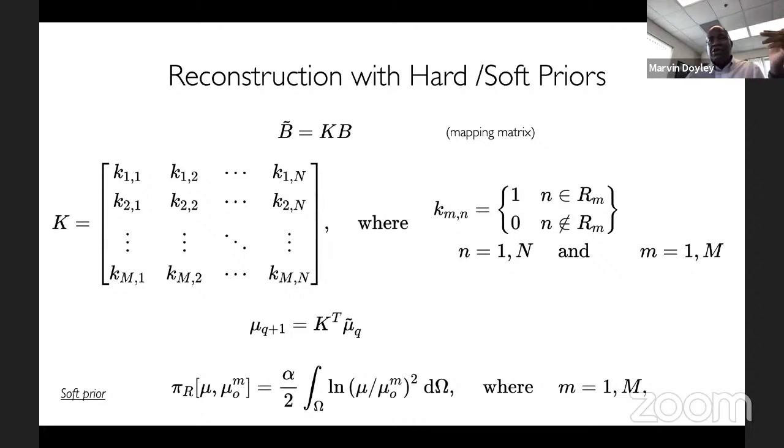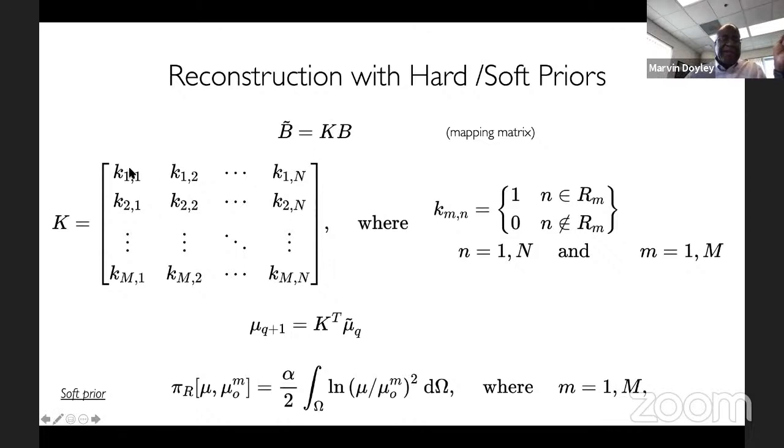So if you have two regions, there's only two unknowns you're solving for, compared to thousands of unknowns in the previous model. Now, I have this thing about having consistency between algorithms. So I wanted to take our standard least square method and reduce it in a nice, elegant way. So we came up with this kind of mapping matrix.